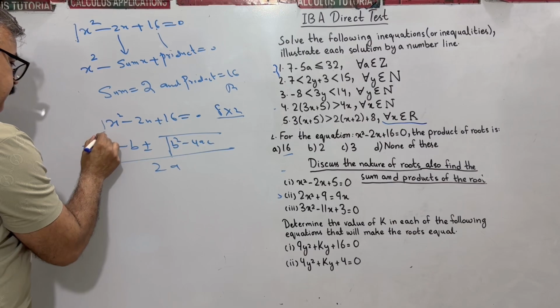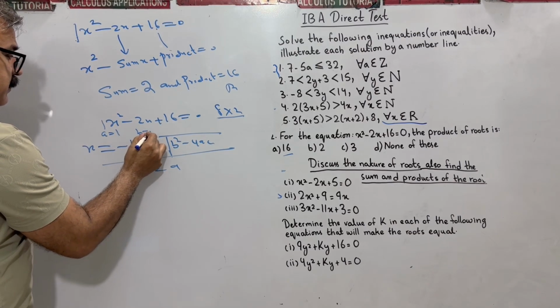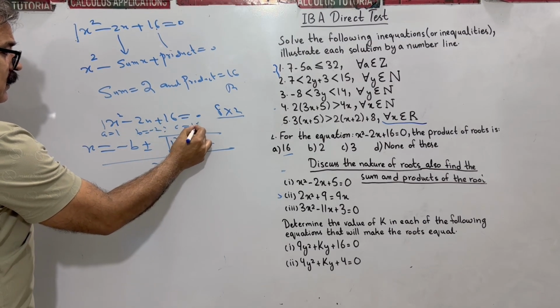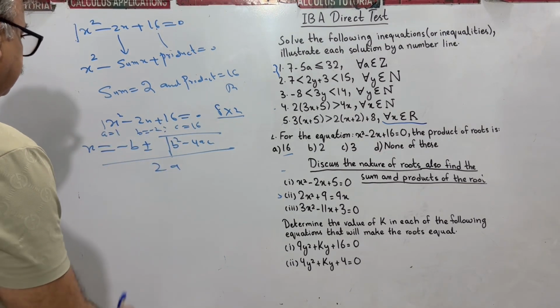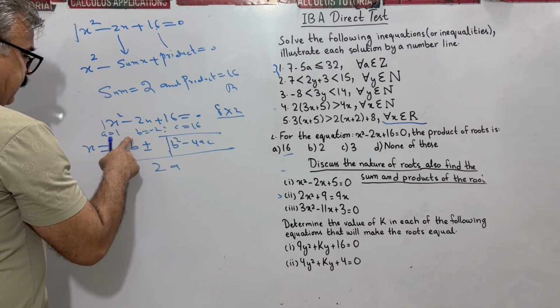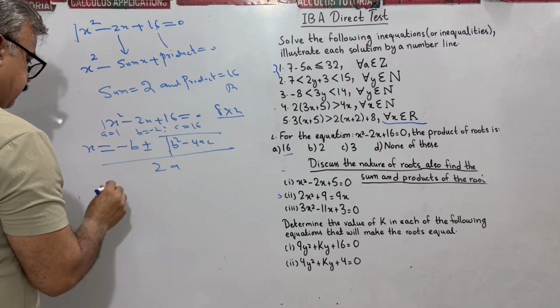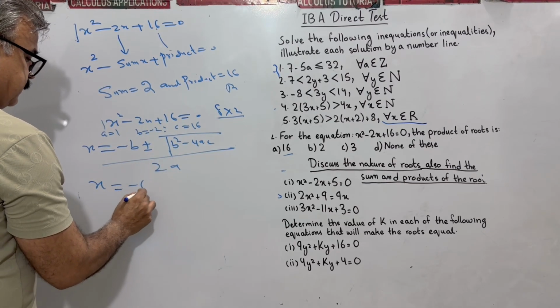Here a is equal to 1, b is equal to minus 2, and c is equal to 16. Put the values.